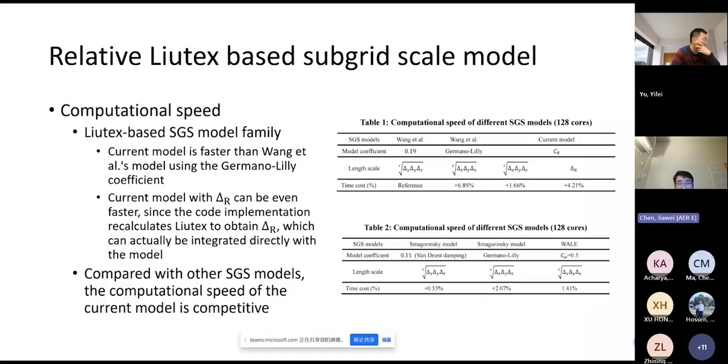And what's better is that if we implement the Δ_R calculation more efficiently by integrating it directly with the subgrid scale model computation rather than recalculating, we can make it even faster. And when compared against other classical subgrid models in the second table, our model's computational cost is competitive, actually faster than the dynamic Smagorinsky model with Germano-Lilly coefficient.